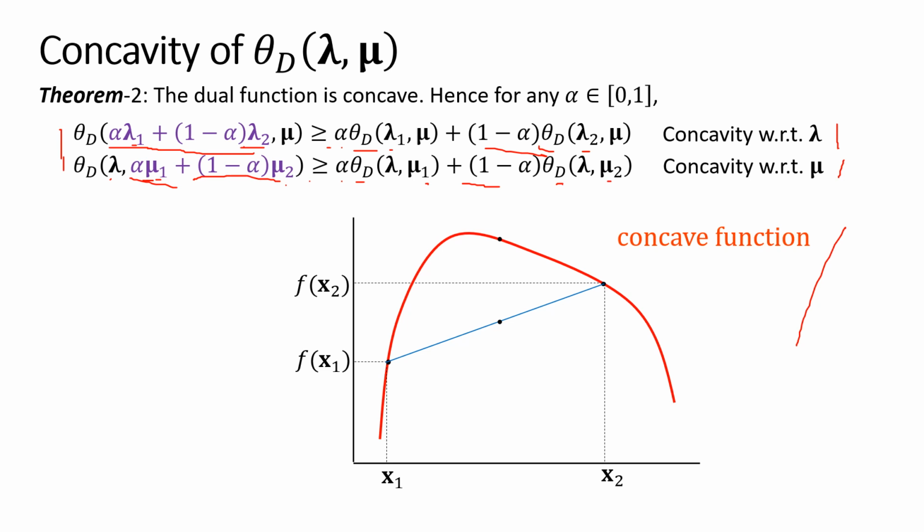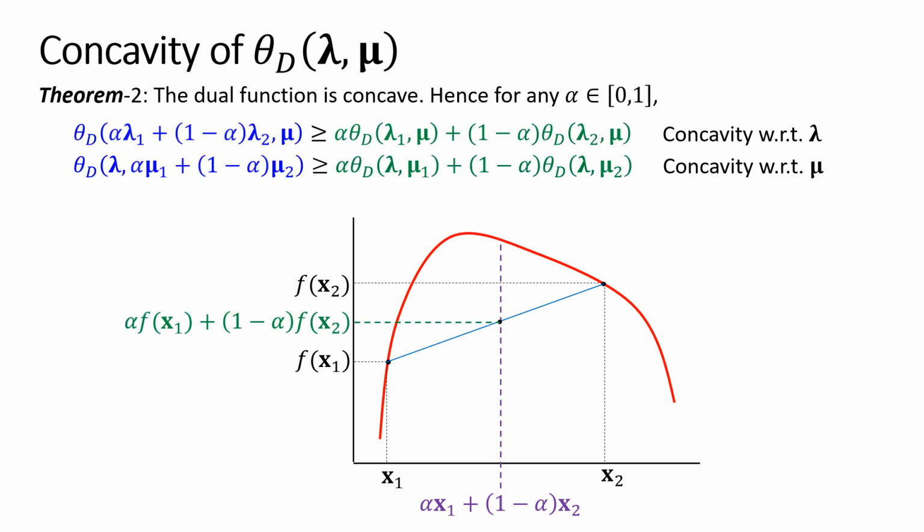And I have marked off 2 points, x1 and f of x1, x2 and f of x2. The red curve is the concave function. Let's take the point alpha x1 plus 1 minus alpha x2, and this is that point here. This straight line segment is divided in the ratio alpha and 1 minus alpha.